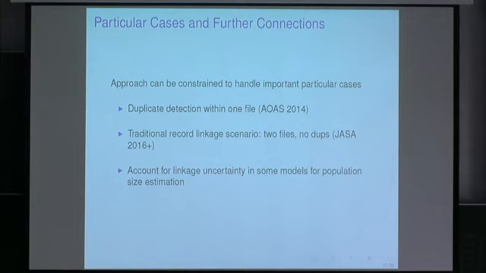You can also use this framework to account for the linkage uncertainty and propagate it into subsequent models. For example, you can use it for population size estimation using some of the models that Patrick mentioned before, decomposable graphical models for population size estimation.